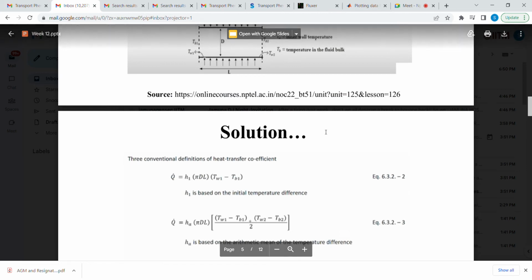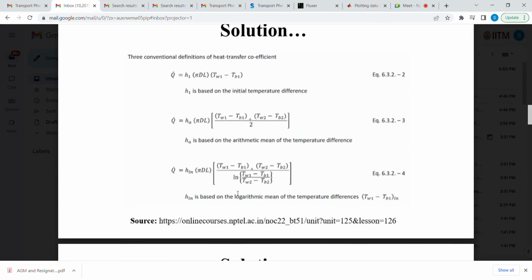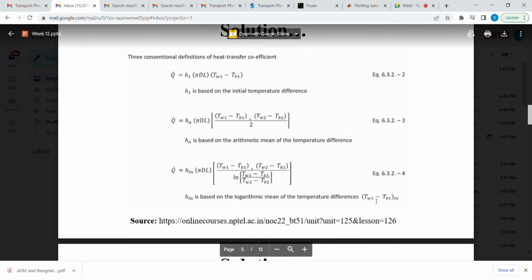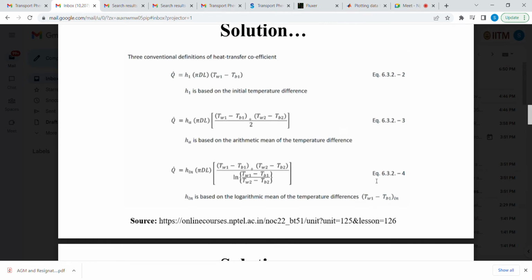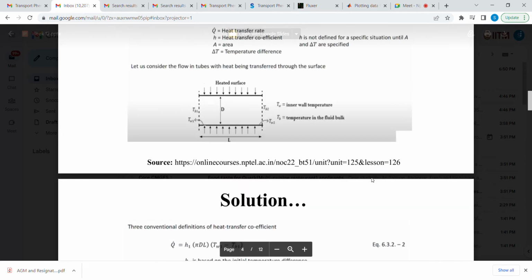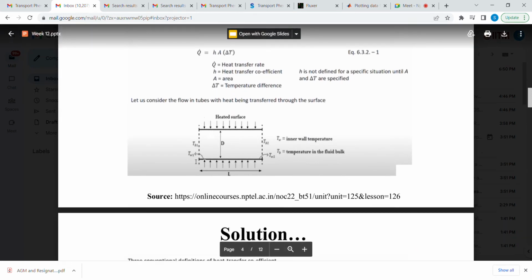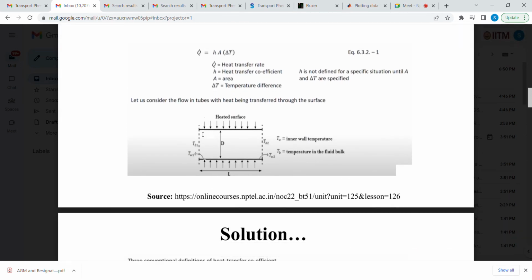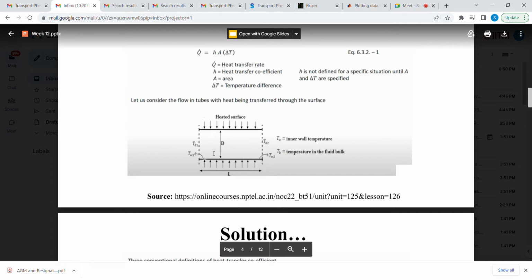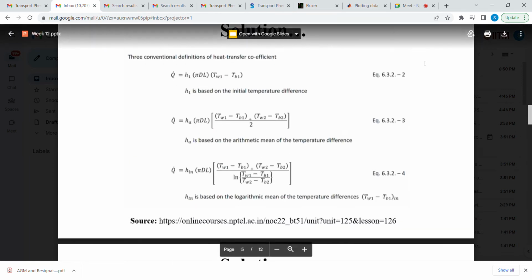I hope you guys understood this point, because if you don't understand, it's going to be a problem from now. So basically, this is one side of the wall. This is the other side of the wall. So we can either take the temperature difference on either side of the wall, or the arithmetic mean of both sides of the wall, or the logarithmic mean of both sides of the wall, which corresponds to these respective equations. Alright.